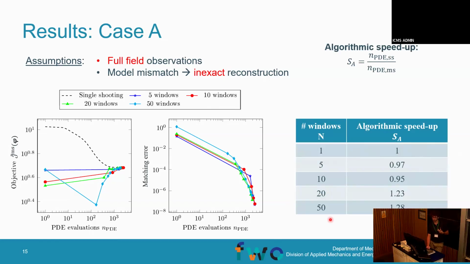Remember, it is only the algorithmic speedup, so an algorithmic speedup of 1 is good enough, given that there is still the parallel-in-time speedup. I didn't include them here, but for example, for the 50 window case, depending on your parallel efficiency, you can still get a speedup of 40, 45 if you have a very good parallel speedup. That's really the main advantage of doing this. So multiple shooting is really performing well in this case.